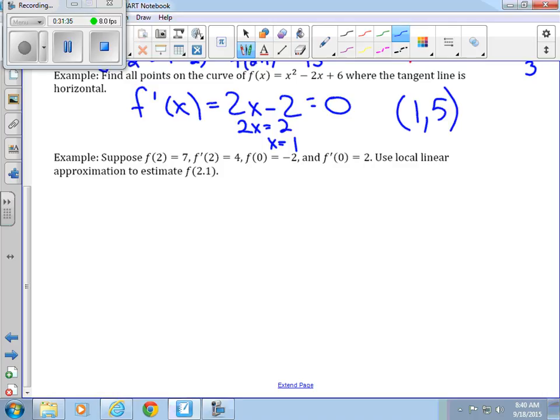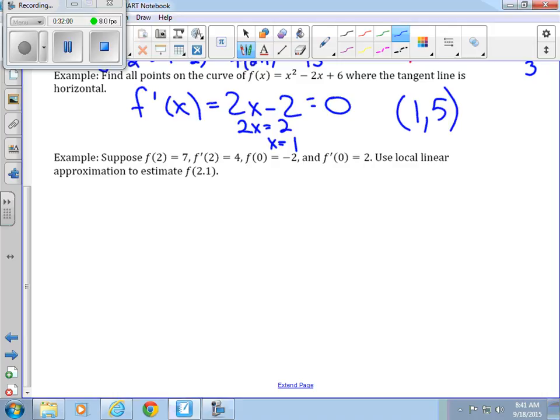Since we're finding f of 2.1, which tangent line should we use? At 2, right? Does everyone agree we should find the tangent line at 2? Tangent line at 0 would be completely not useful. And so you see the distractor, this AP problem threw in a 0 as a distractor. But I want to write the equation of the tangent line.